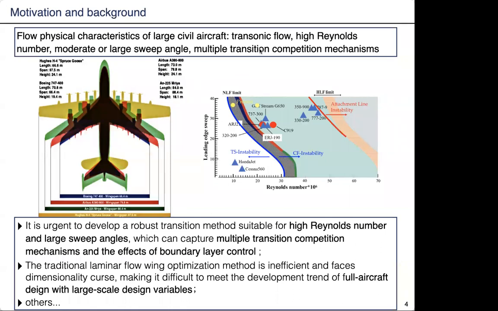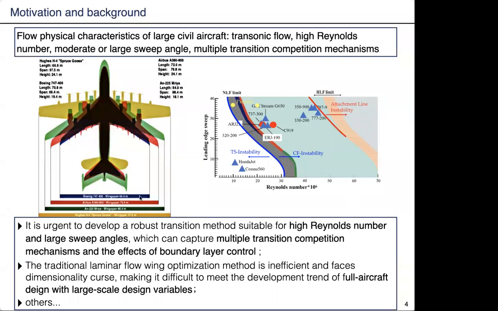And also for the transonic flow, in the design process, we need to balance the shockwave induced drag, skin friction drag, and the pressure drag. Those characteristics challenge the laminar flow control applied in the large civil aircraft wings.